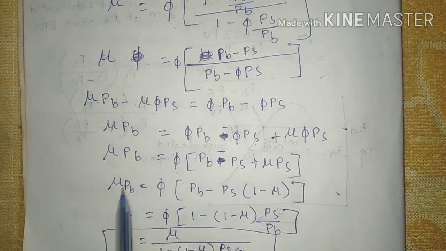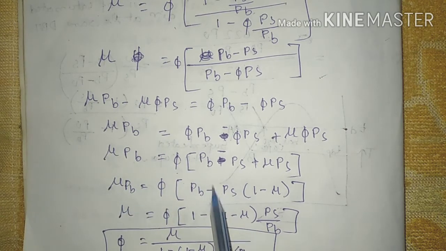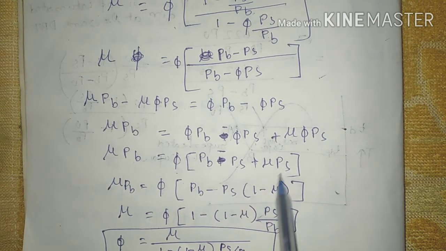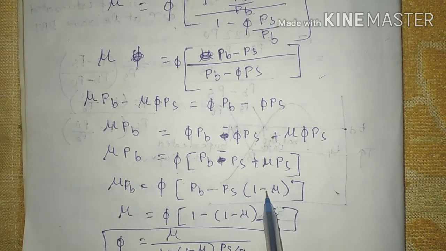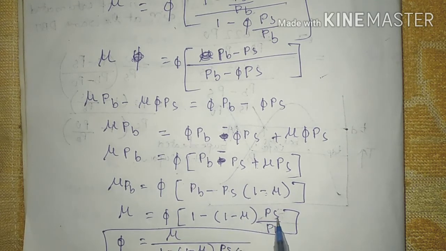Now in these equations, next line, mu into pv is equal to phi in the bracket pv minus ps. So in both these terms ps is common here, right? ps is common, so ps into 1 minus mu, since it is minus plus, that's why it is minus. So mu is equal to phi into 1 minus mu into ps, right?